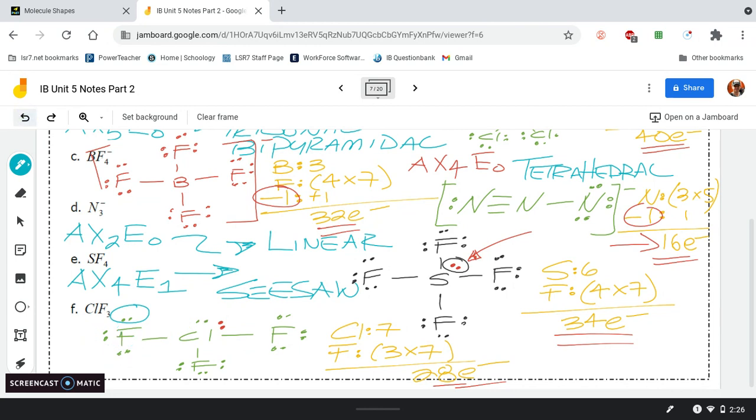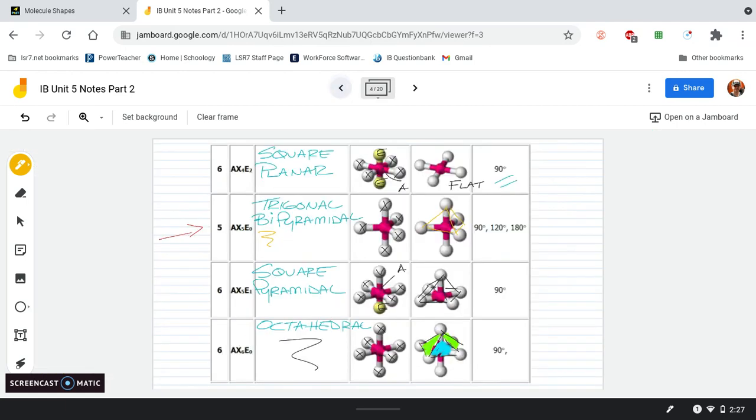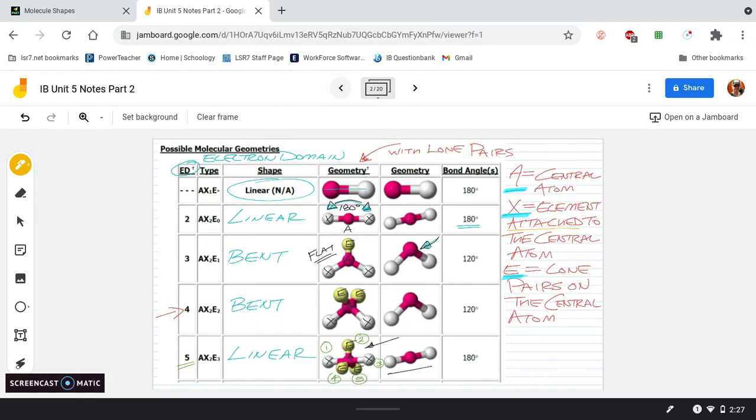So let's see what the heck this is. You got an A. So it's going to be an A for the chlorine. The 3 fluorines are the X's. And E2. Now it's an E2 because there are 2 sets of electrons on that central atom. AX3E2, one we haven't done yet, right here.